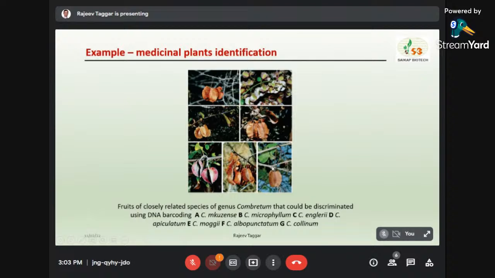In this case, these are 7 different species, but we can clearly see they all look so similar. Trust me, if morphological taxonomists go to the forest, it will be very, very hard to find out. Even when the tree is there, when you are plucking it, it will be very hard to identify that this is the same species.